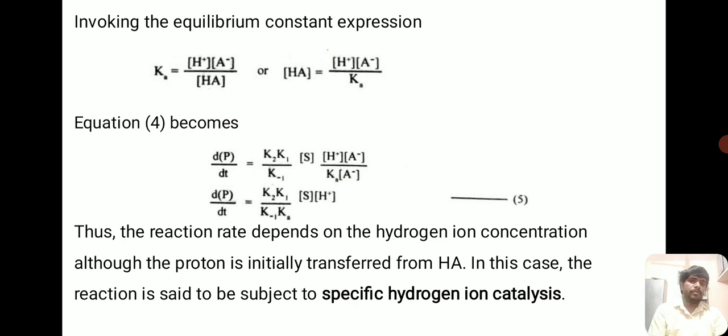Then equation 4 becomes dP/dt is equal to K2 K1 over K-1 into [S][H+][A-] over Ka [A-]. That is, dP/dt is equal to K2 K1 over K-1 Ka into [S][H+].